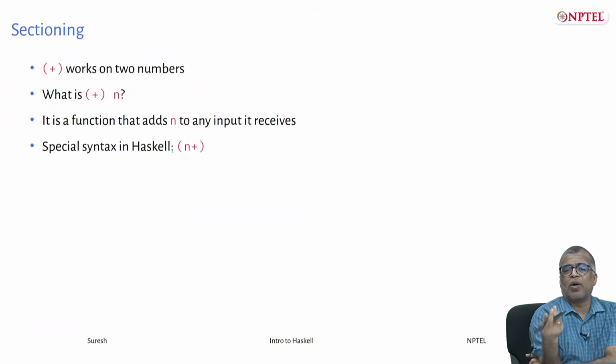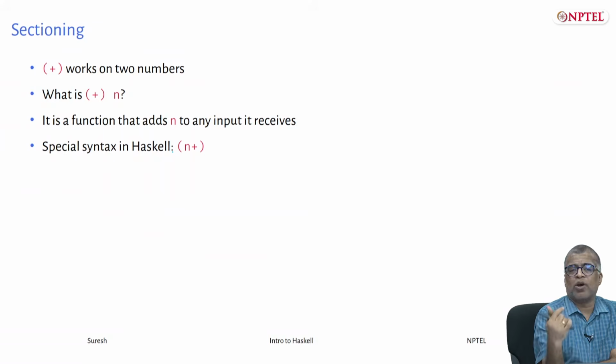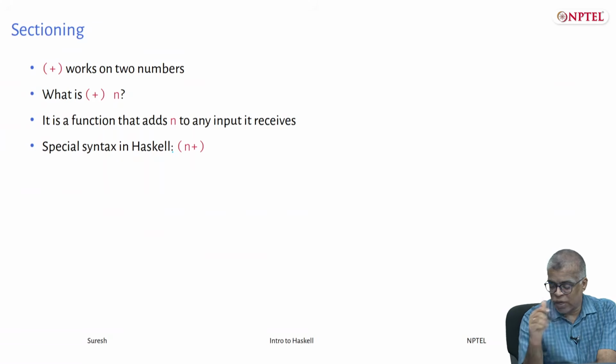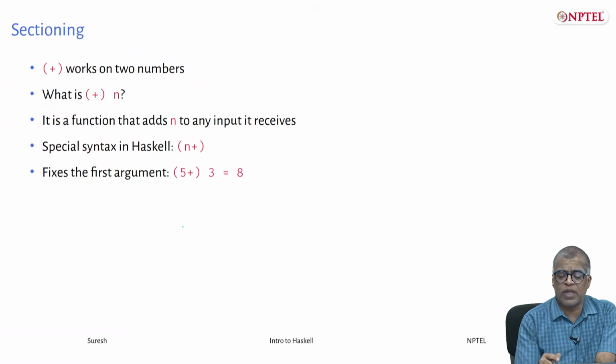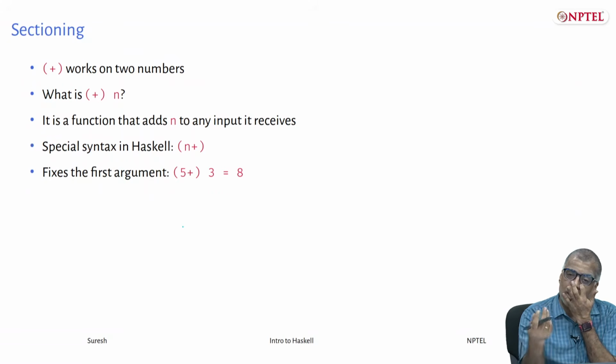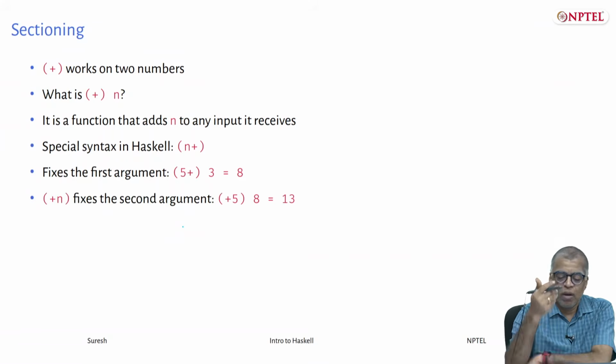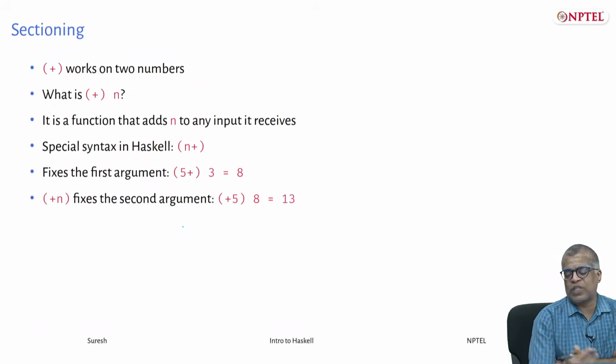Because plus is a binary operator, I can define a unary function by fixing the left argument. I can either fix the left argument or the right argument. So, for instance, 5 plus applied to 3 is 8. Here I am taking the plus operator and fixing the left argument. I can also fix the right argument. Plus 5 applied on 8 is 13.